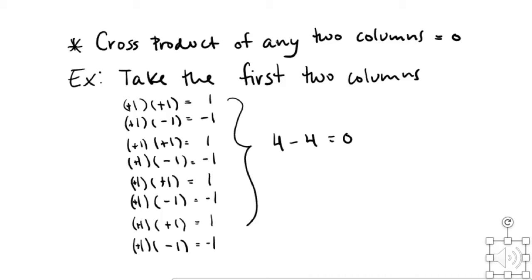So for example, let's take the first two columns, which correspond to the intercept as well as beta hat 1. Looking at this, you can see that there are 4 positives and 4 negatives, which equal 0 from the cross products. So therefore, we can conclude that this design is orthogonal, and the parameter estimates will be independent, which will be helpful to estimate later on.